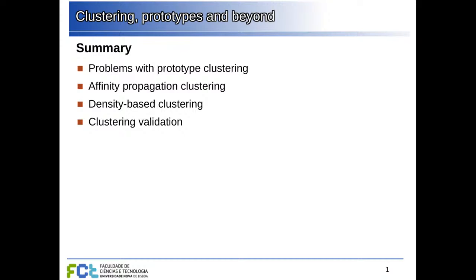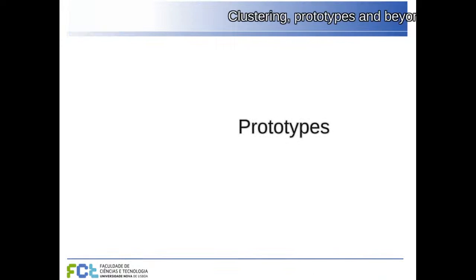And then we're also going to look at a different approach, which is density-based clustering. And finally, I'm going to talk a bit about clustering validation. So this is to give you, this week, before we start looking at other types of algorithms, just an overview of different approaches and a basic idea of how to validate clusters.